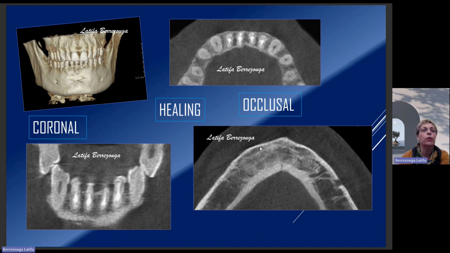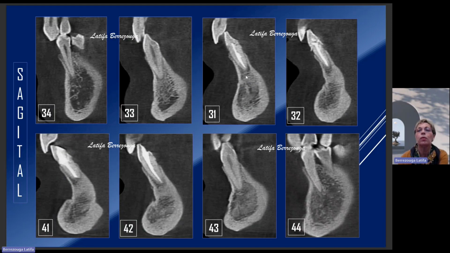And sagittal views. So you have the 4 mandibular incisors that were filled at that time, and look at the type of the bone here and the healing.